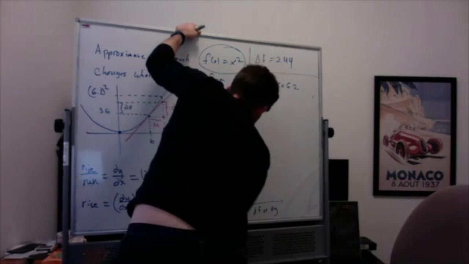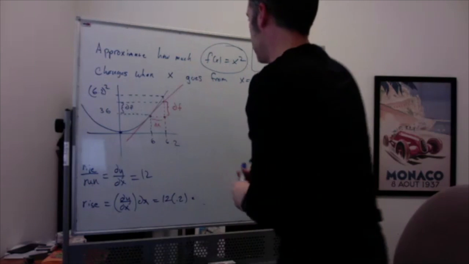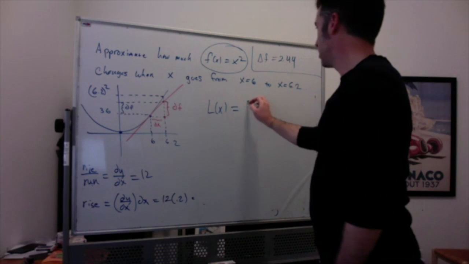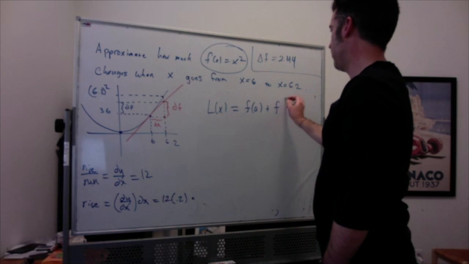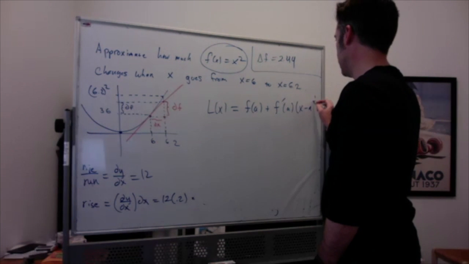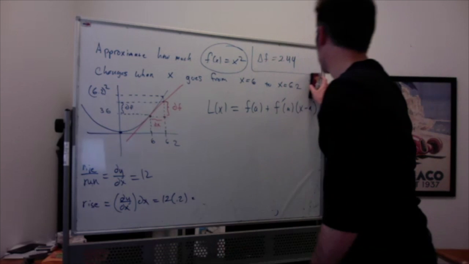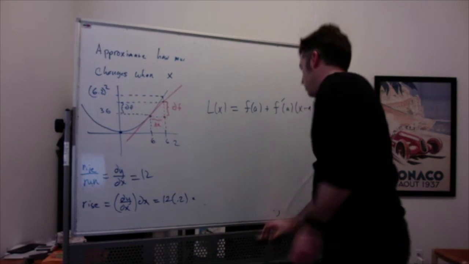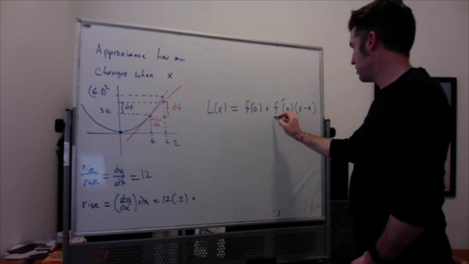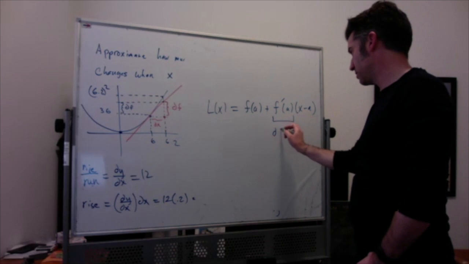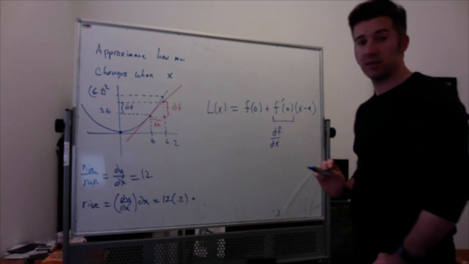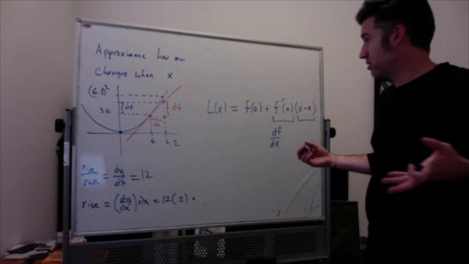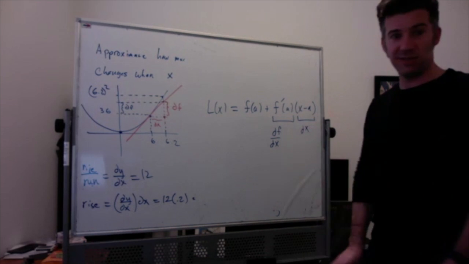So, if we're talking about the linearization being f of a plus f prime of a times x minus a, another way to view this is that f prime of a is the derivative df/dx. x minus a is the change in x, dx.